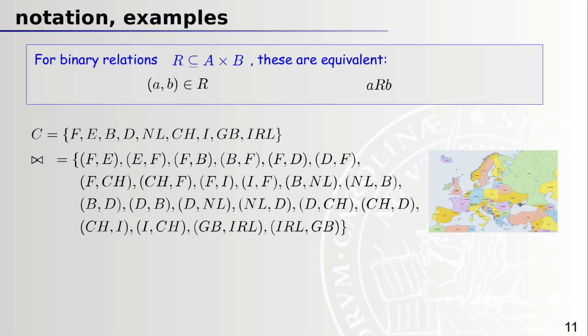Let's look at an example. Suppose C is the set of a number of European countries. Then we could represent the existence of a land border between two nations as a relation, here represented by the bow tie symbol as follows.